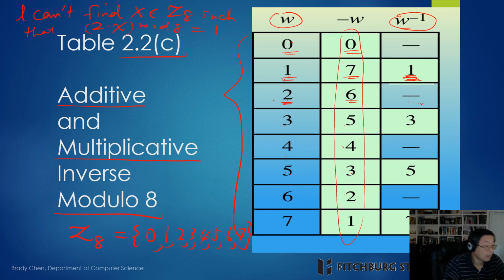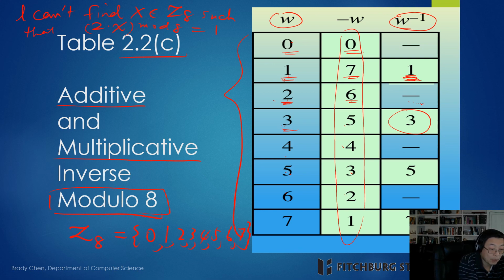So that's why 2 has no multiplicative inverse modulo 8. Don't forget the modulo. Now 3 has an inverse. The inverse is actually itself. 3 is the multiplicative inverse of 3 modulo 8.